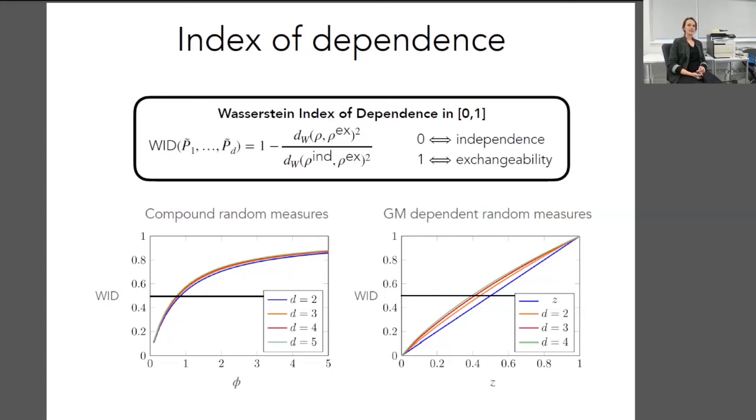And so I guess that this index can then be useful to fix the hyperparameters of the model, so to induce the desired level of dependence in these models, but also, for example, to choose hyperpriors for the hyperparameters, by centering these hyperpriors around a specific value of the dependent structure.